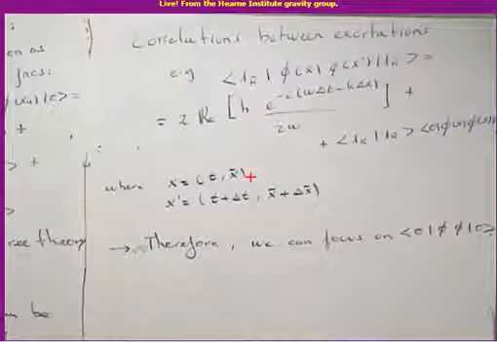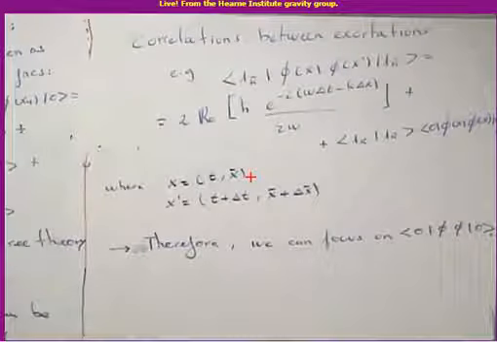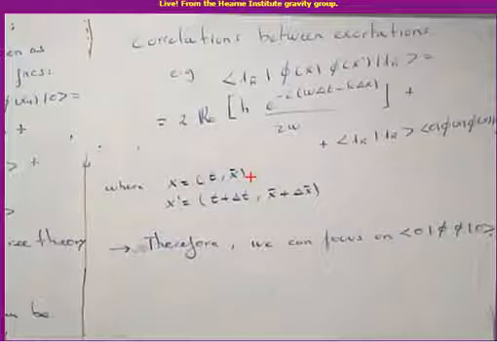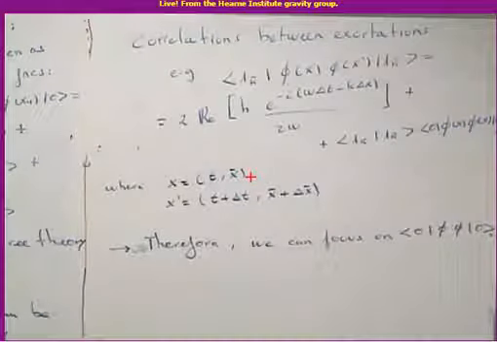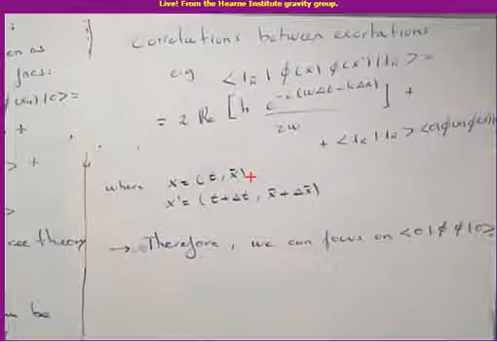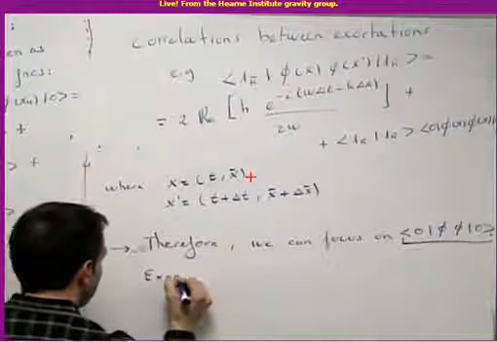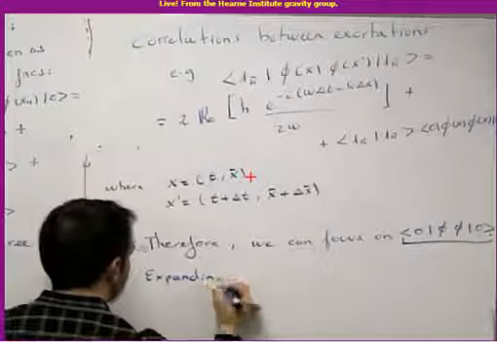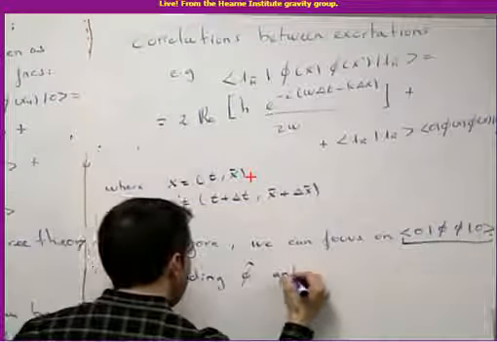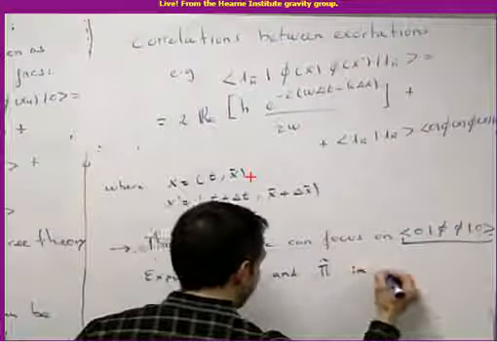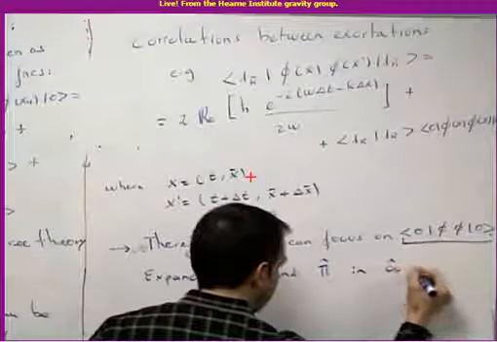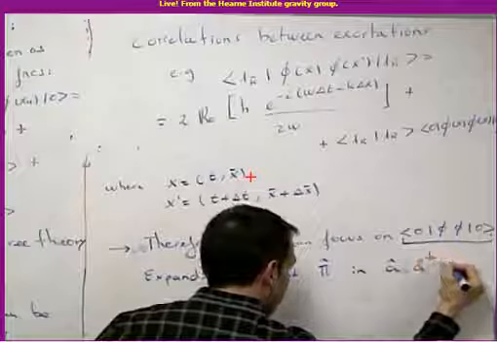This is the object that normally people study in more detail, because all the other correlation functions can be obtained from it. It is quite simple to compute the vacuum 2-point function, just expanding the field and momentum operator in creation and annihilation operators.